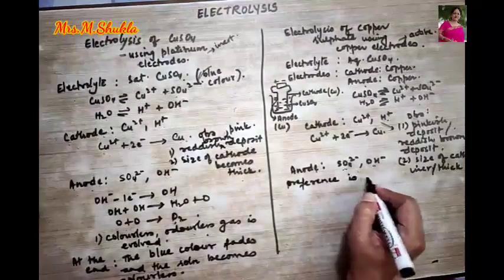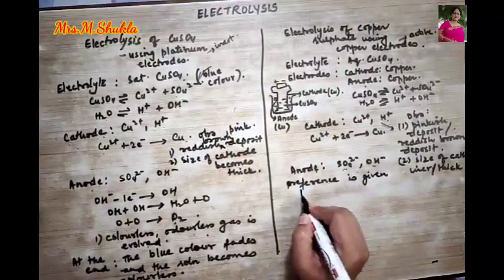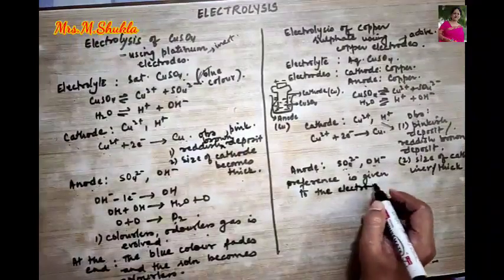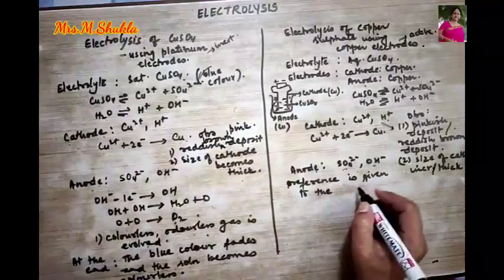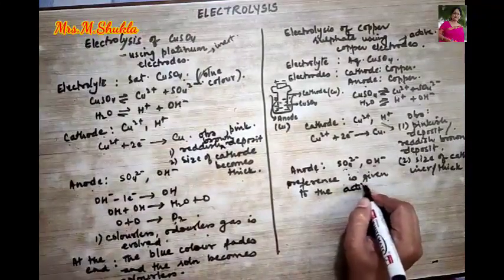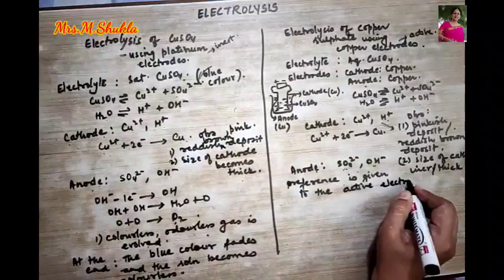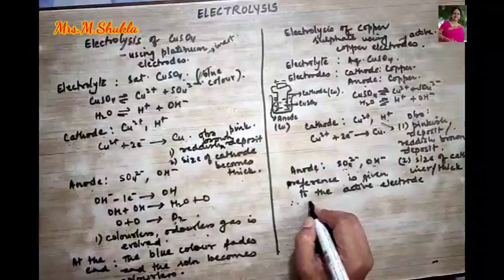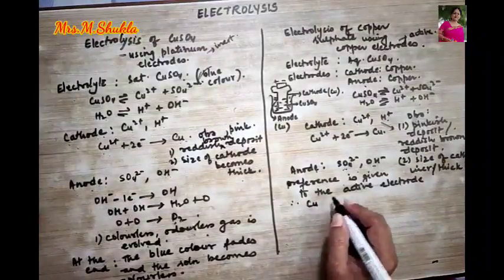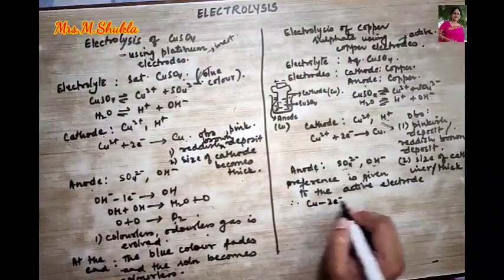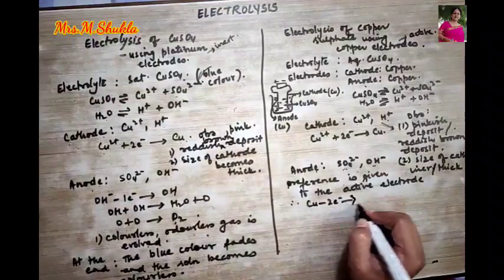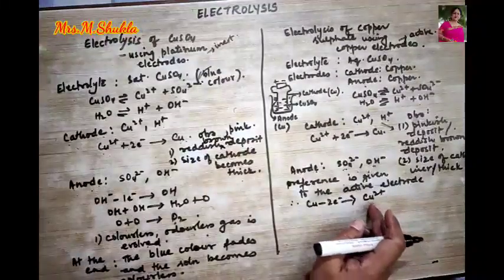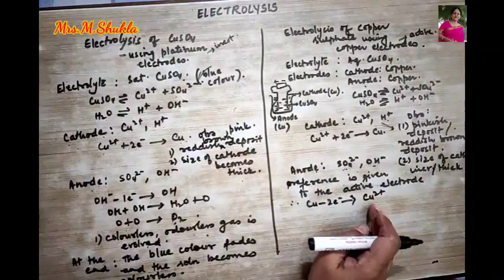Preference is given to the active electrode, and therefore the anode, which is made up of copper, is a metal, it loses 2 electrons, and what does it form? It forms copper ions. Okay, so where do these copper ions go? They go into the electrolyte, into the solution.